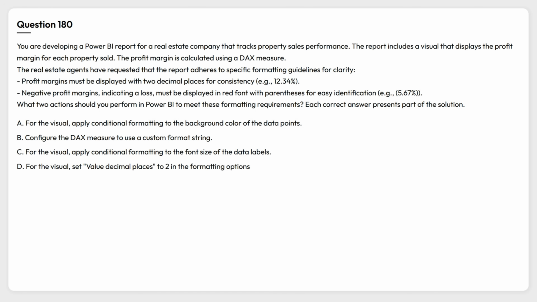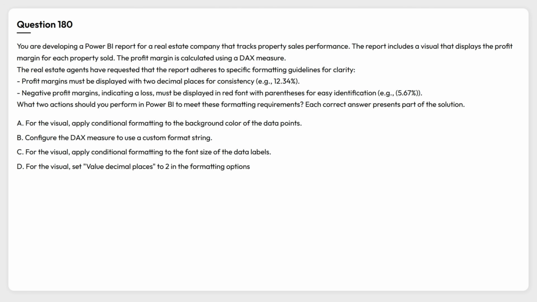Profit margins must be displayed with 2 decimal places for consistency. Example, 12.34%. Negative profit margins, indicating a loss, must be displayed in red font with parentheses for easy identification. Example, (5.67%).